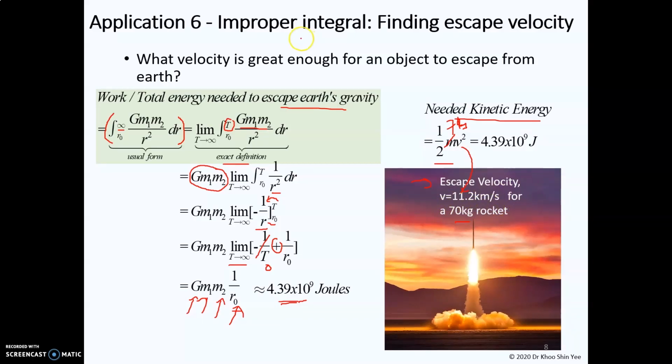For your extra information, in more advanced mathematics classes, you will learn how to apply the improper integral to find the Laplace transform or the Fourier transform. These two transforms are useful to convert the time domain signal into the frequency domain signal, where omega is the frequency, or the Laplace domain signal.